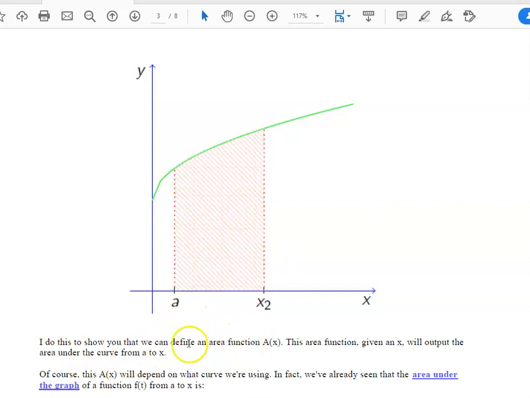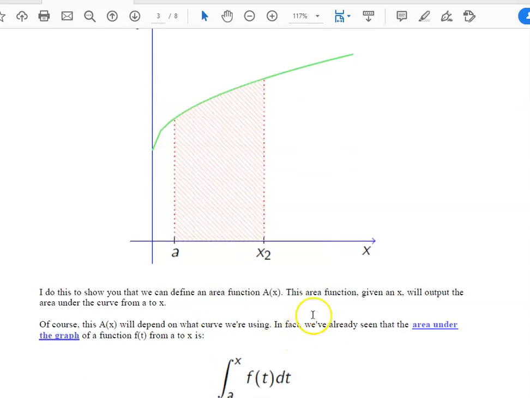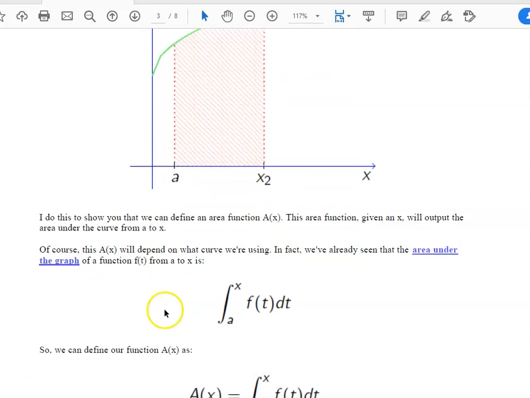We can define then a function, an area function, call it A of x. This function will, given an x, output the area under the curve. So if you give an x here, then you get this area from a to x. The x sub 1, the x sub 2, the x over here. It'll give you the area under the curve. So that's what we're going to call this area function, A of x.